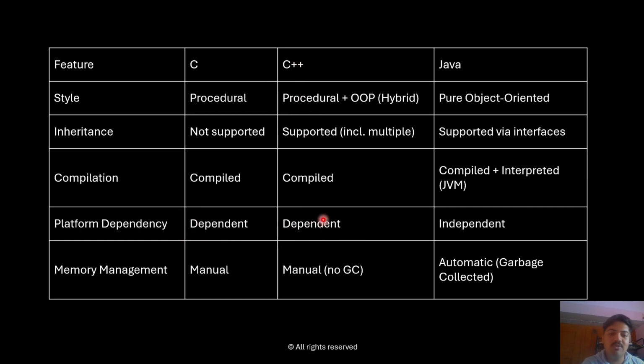C++ is also platform dependent because C and C++ share most of the same things. The only difference is object-oriented programming. Whereas Java is a platform independent language. Memory management. In C, we need to do manual memory management. In C++, we also need to do manual memory management, whereas in Java, it is automatic using garbage collection.